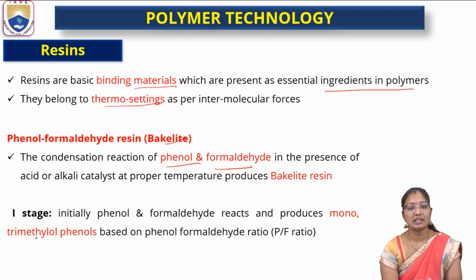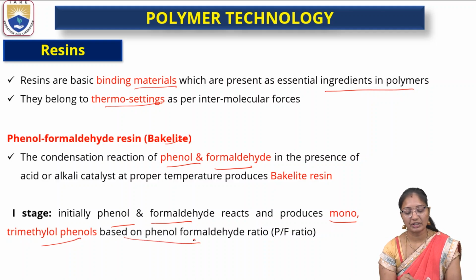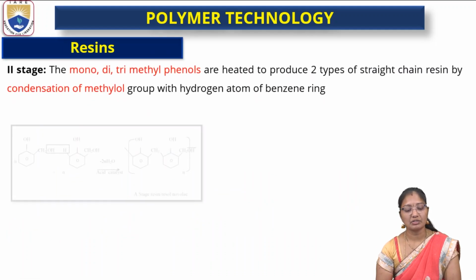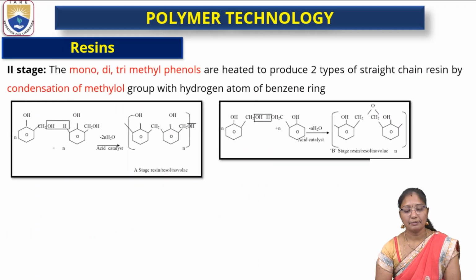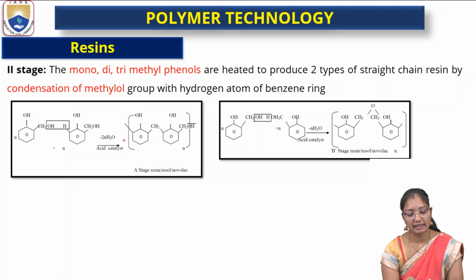In the first stage, phenol and formaldehyde react and produce mono-, di-, and trimethylol phenols, depending on the phenol to formaldehyde ratio. This is the first stage, where phenol and formaldehyde react and give the resol compound.